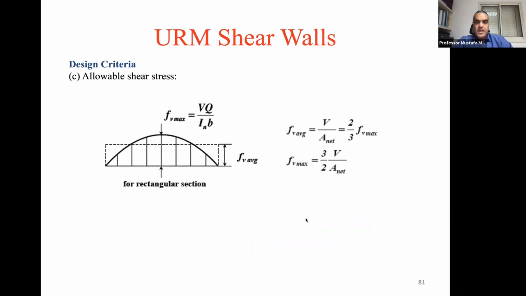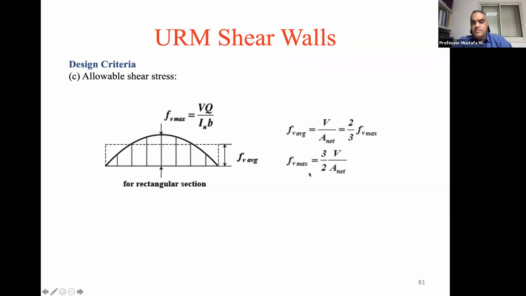And how do we calculate the applied shear stress? It's a rectangular section, so we have this parabolic stress distribution that we know from strength of materials. The average stress is V over the net area, so that's 2/3 of the maximum, right?